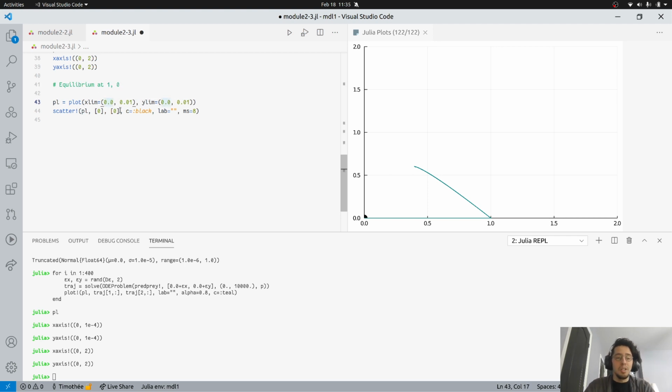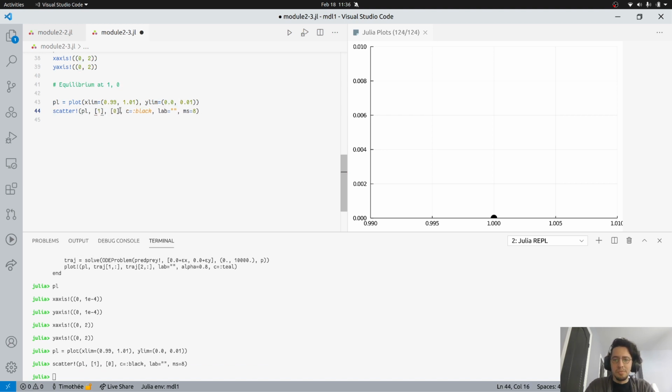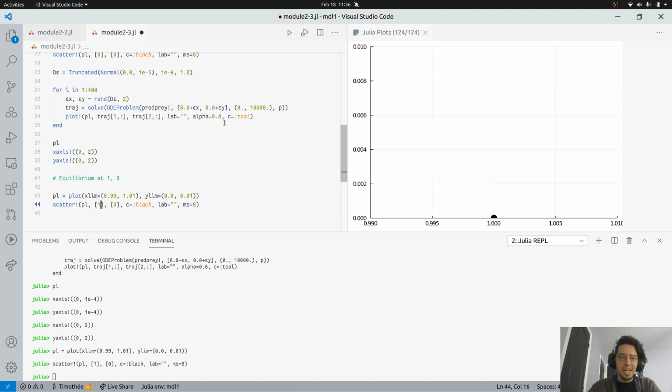So the plot limits here are going to be 0.99 and 1.01, and the y limits are going to be the same. Okay. We are going to add our little dot for the equilibrium. Cool. So that is the equilibrium when the predator is absent, the prey is alone, and that's it.